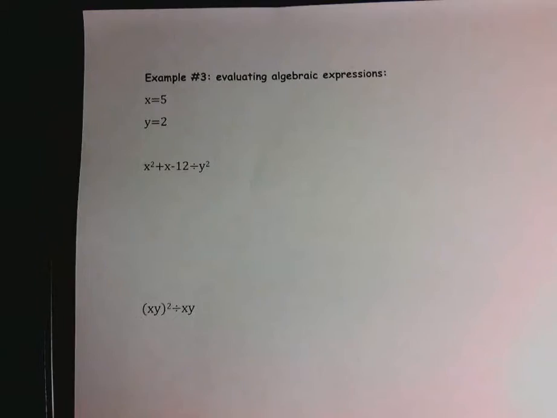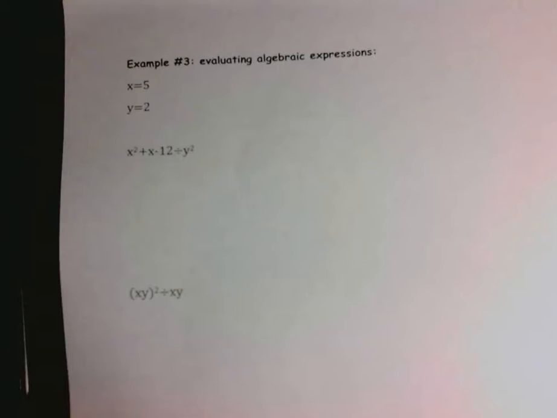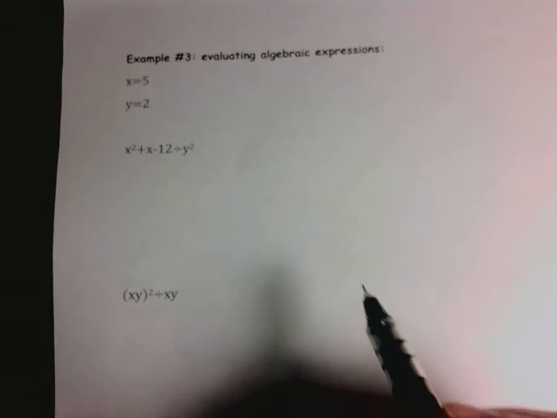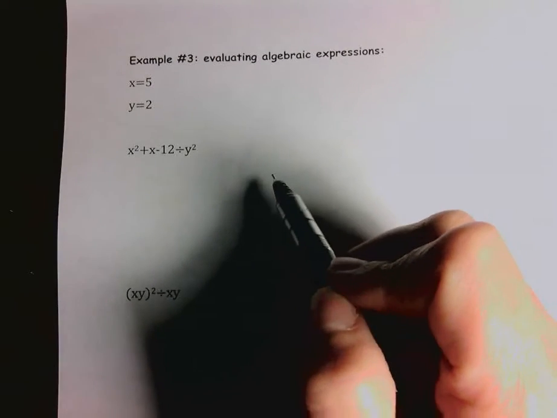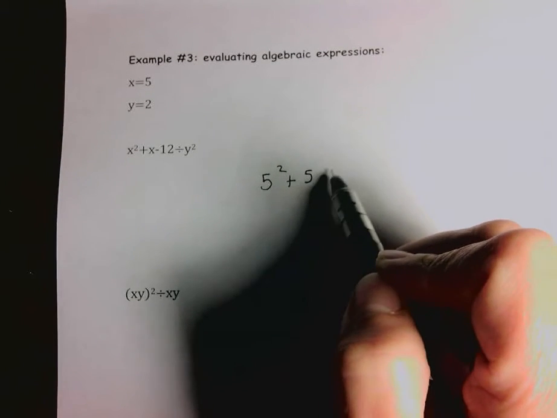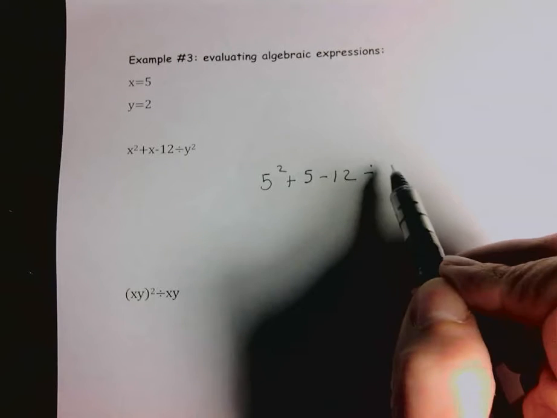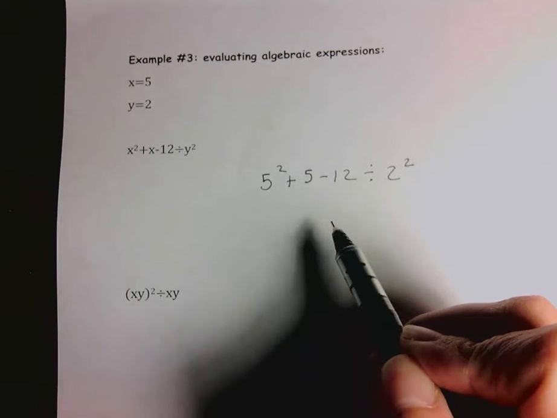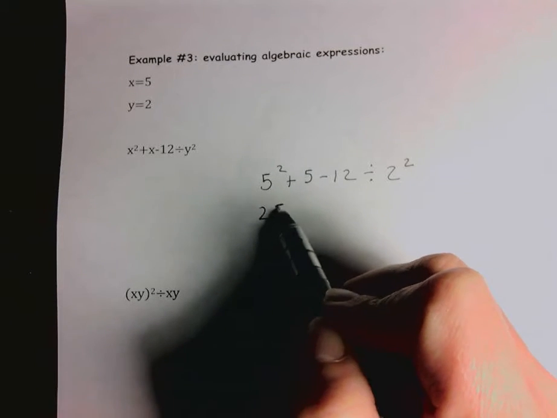Okay, and finally the last example, evaluating algebraic expressions. I'm going to go ahead and plug in the value for my variable, and then I'm going to go ahead and solve. So here, x is 5, and y is 2. And now I'm going to go ahead and simplify. So I have no grouping symbols, so I'm going to start with my exponents.